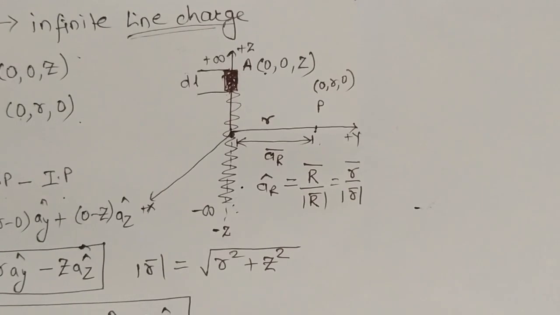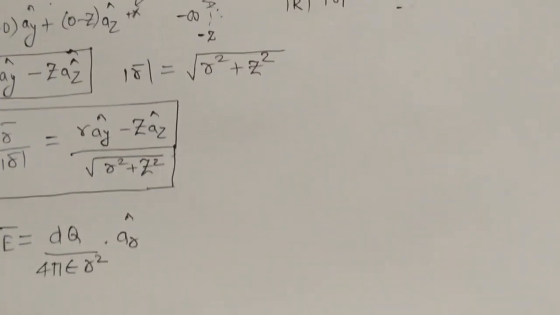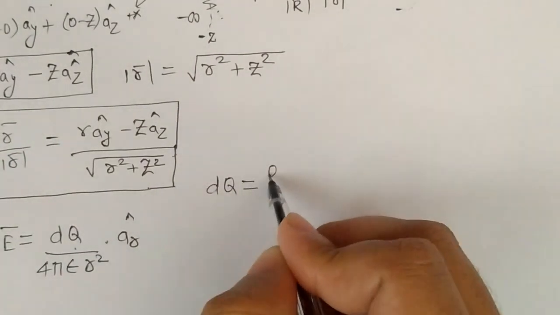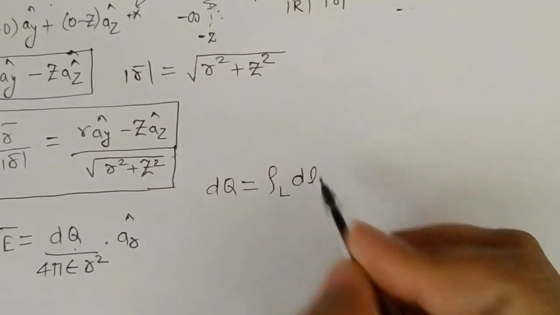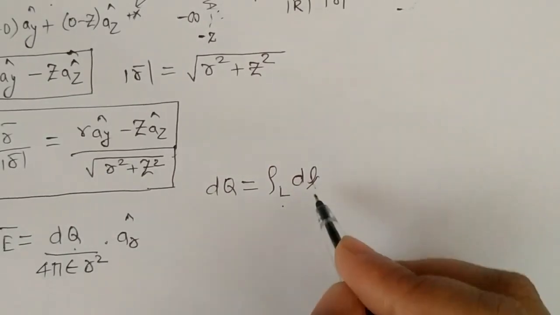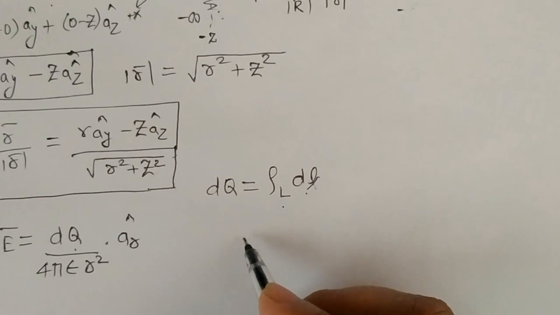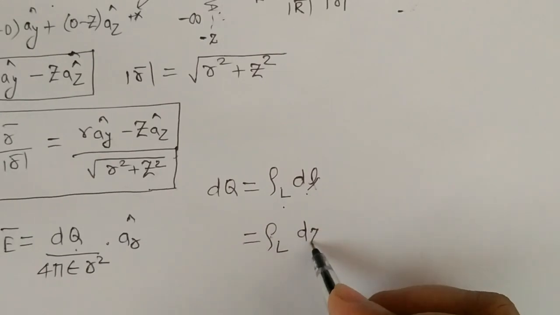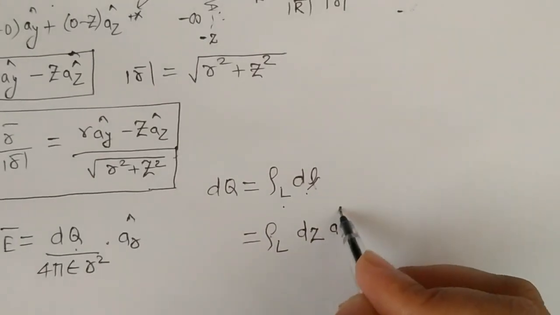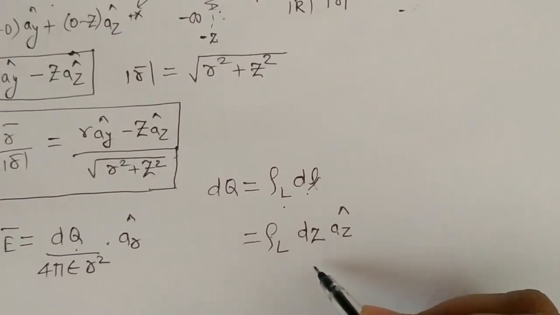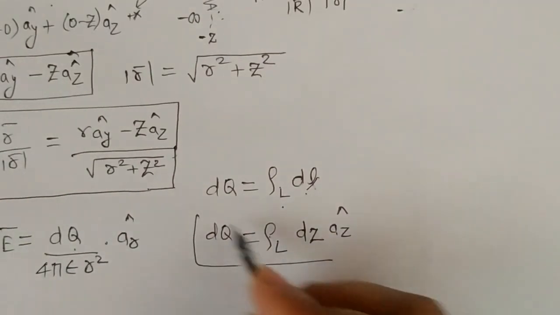So from this we can say that dQ equals rho L into dL, that is line charge distribution into length of the conductor. Now for the given scenario dL equals dZ into a_z cap. So this is rho L into dZ a_z cap, and this is the value of dQ.